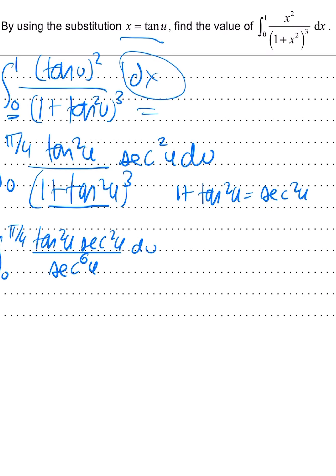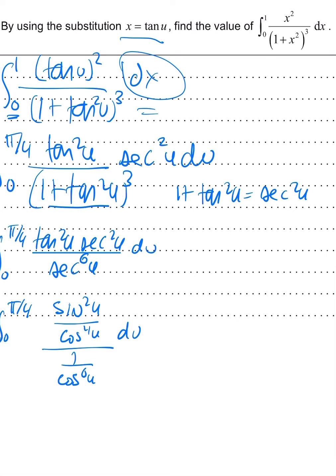Okay, now we can simplify it some more. What is secant in general? 1 over cosine, good. Tangent squared is sine squared over cosine squared. Okay, so this I could rewrite this way. This is sine squared of u over cosine to the 4th of u over 1 over cos to the 6th of u du.